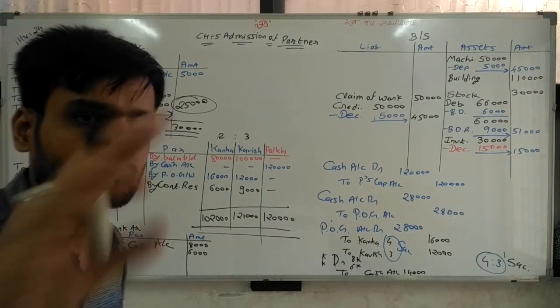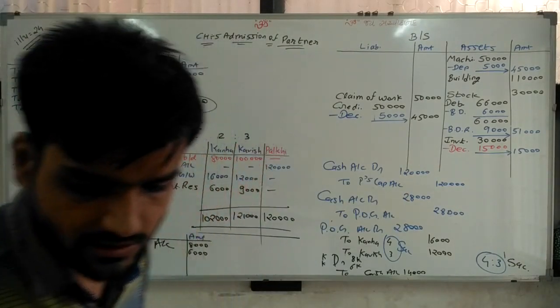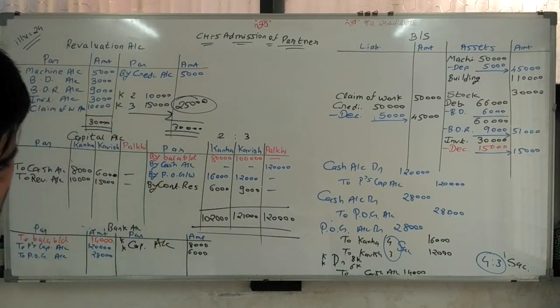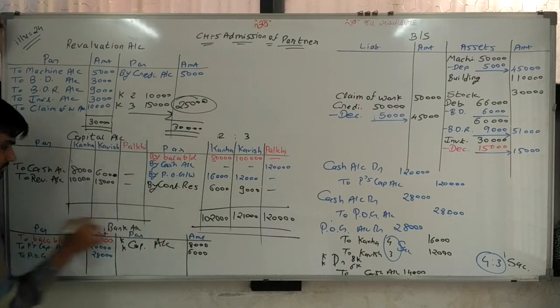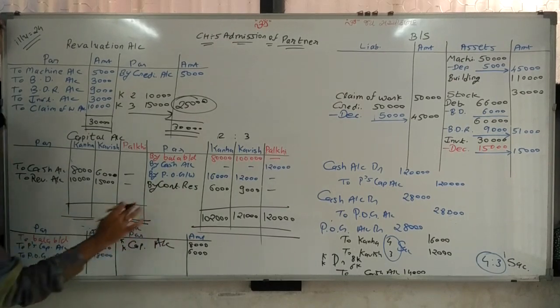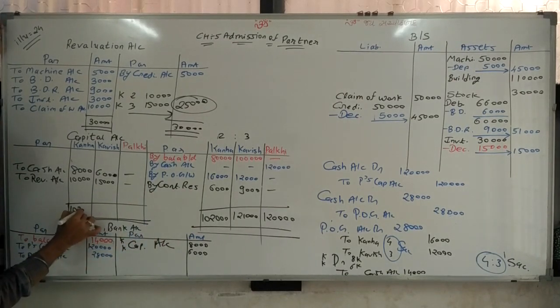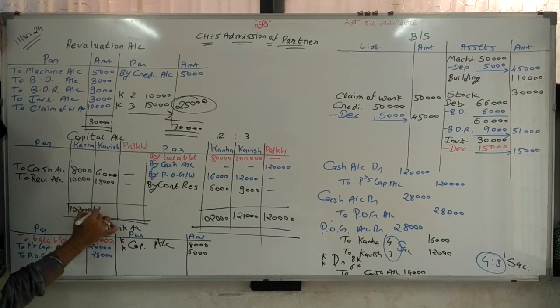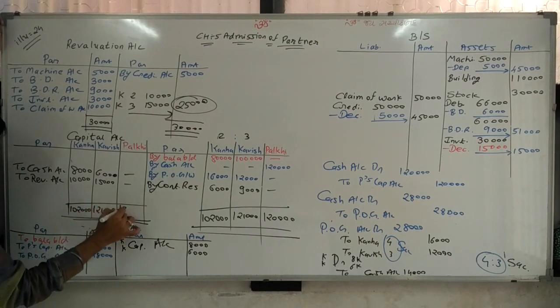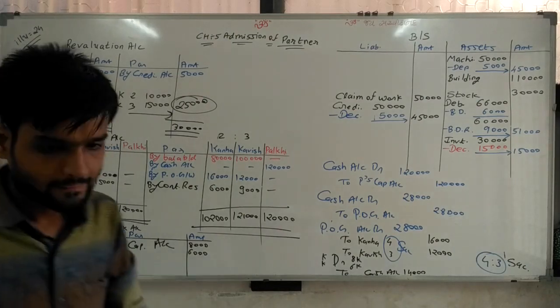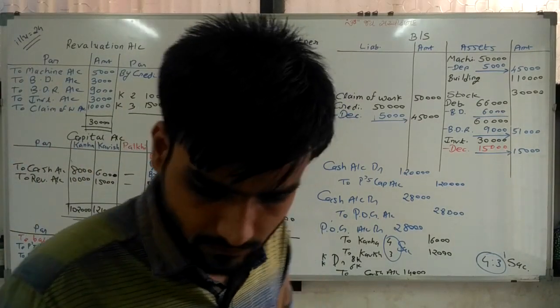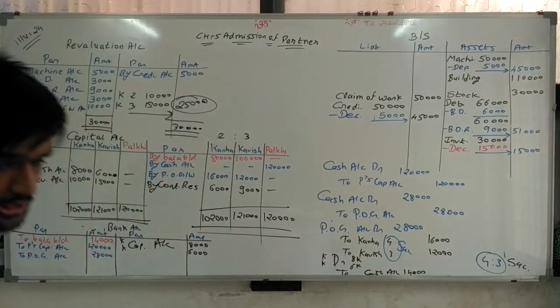Debit side 8 and 10. So same amount we are writing here first. Deducting it, we are getting balance 84,000, 1 lakh 20,000.